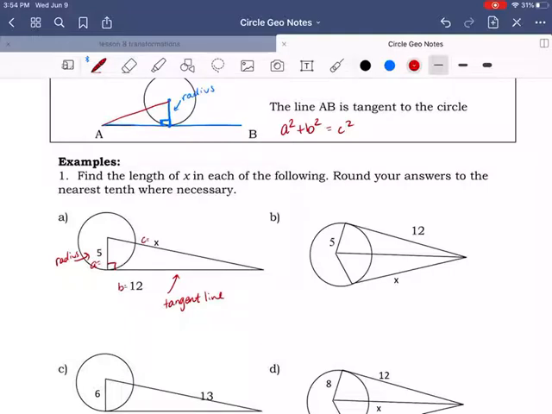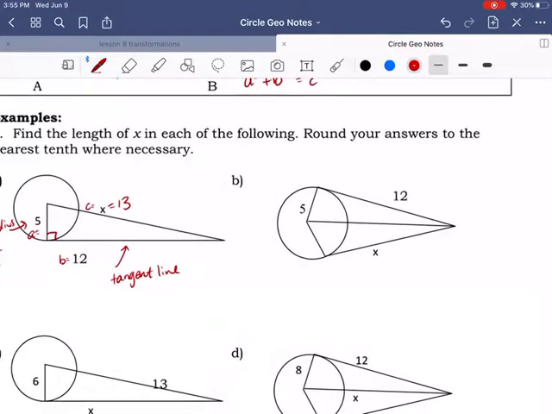So let's use a squared plus b squared equals c squared. 5 squared plus 12 squared equals c squared. So that equals 25, and 144 is 169 equals c squared, which means if we take the square root, that x is going to equal 13.